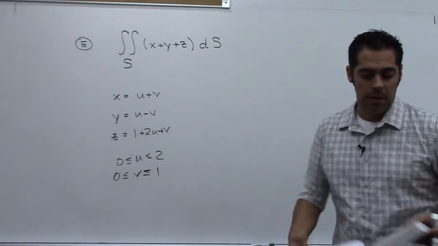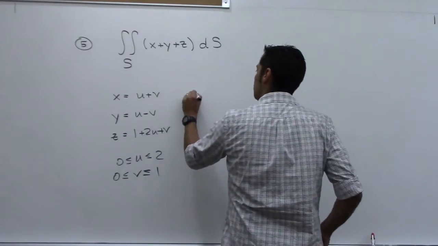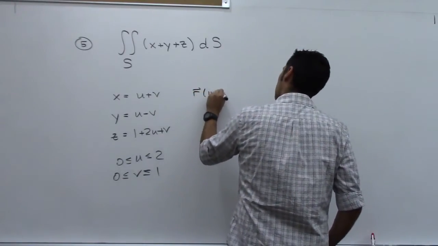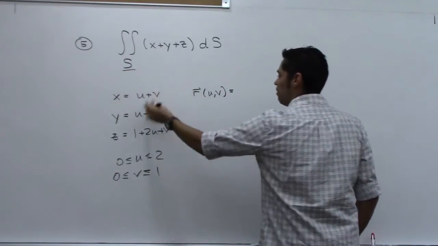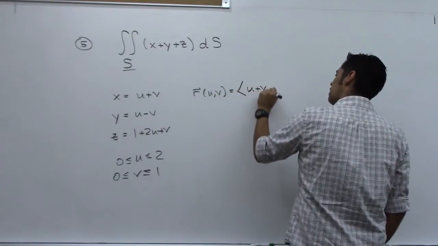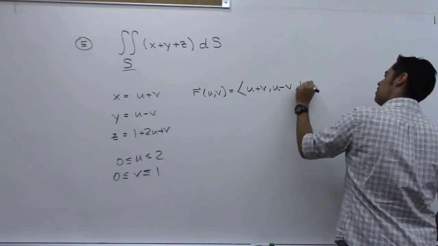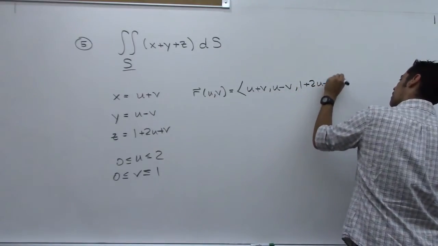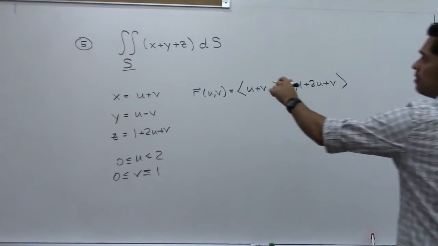All right, so I'm going to convert the parametric equations over to the vector form r of uv. So my surface S can be drawn with this vector form of this surface. And we're trying to find the surface integral.